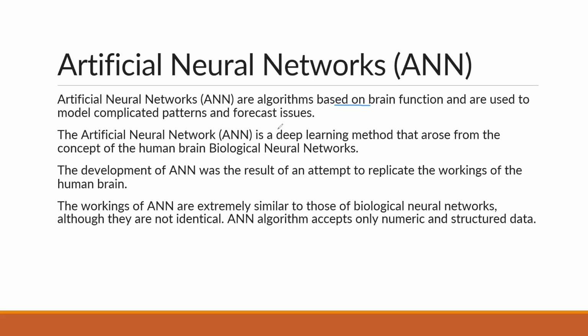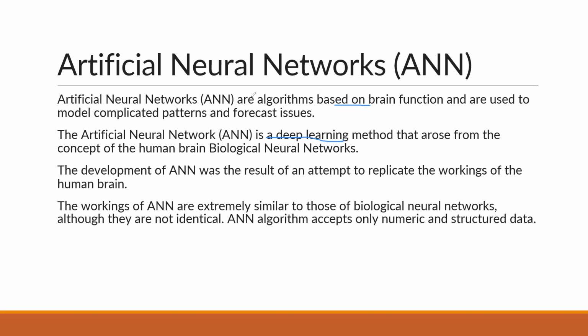The data is given in the form of networks, that is, the data is propagated from the input layer to the output layer. There are various interconnections between the neurons so that the data can be processed. Now, the major application of artificial neural networks is in deep learning.